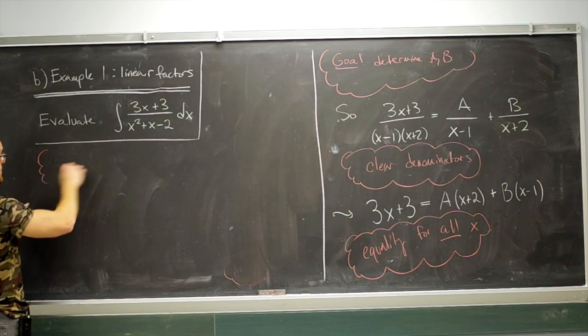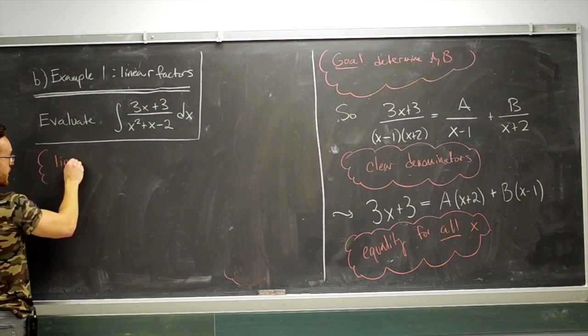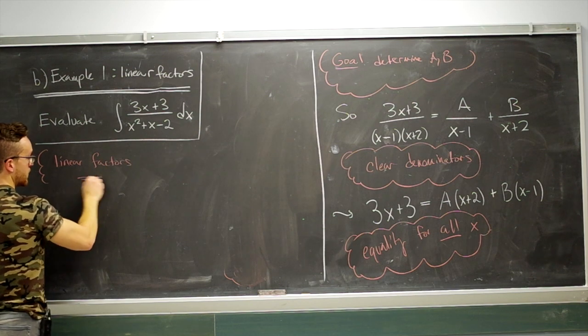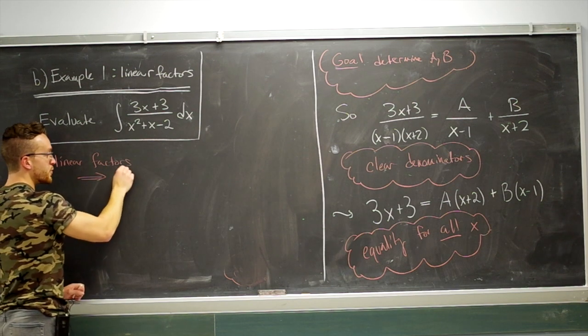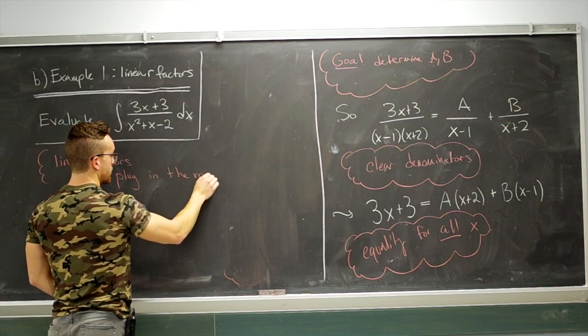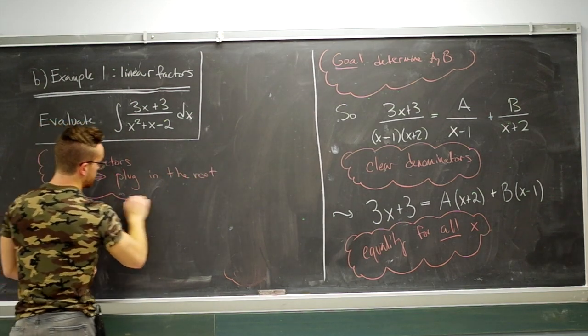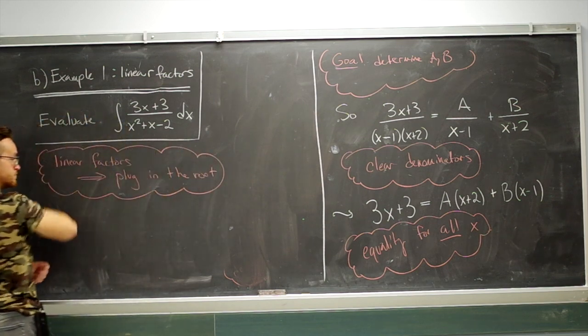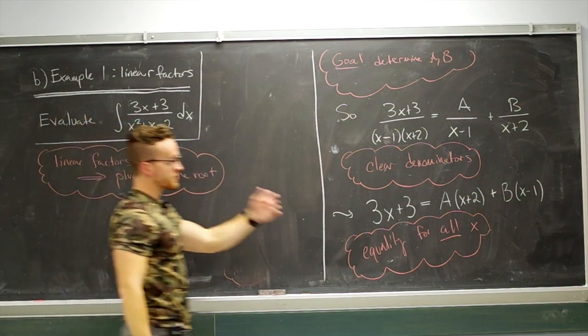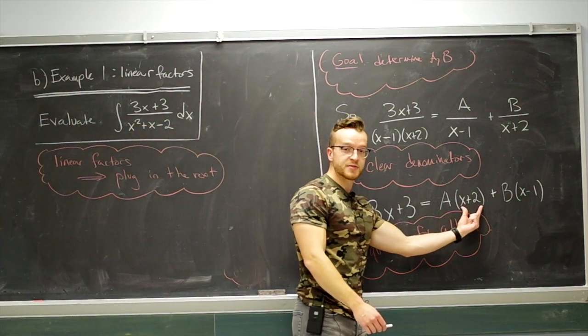Another principle is that if you see linear factors, what you should do is plug in their roots. What do I mean by that? One of our linear factors here is, for example, x plus 2.